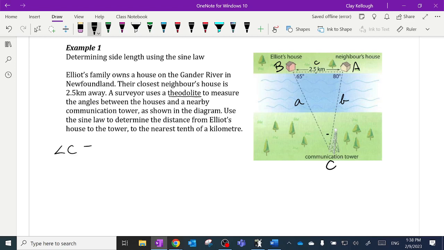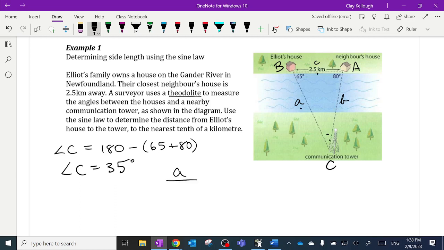So angle C is 180 minus 65 plus 80. All right, 65 and 80 is 145, right? Yeah. 145 subtracted from 180 is 35. Okay, so angle C is 35 degrees. And I now know this angle and that side, and I'd like to know that side.